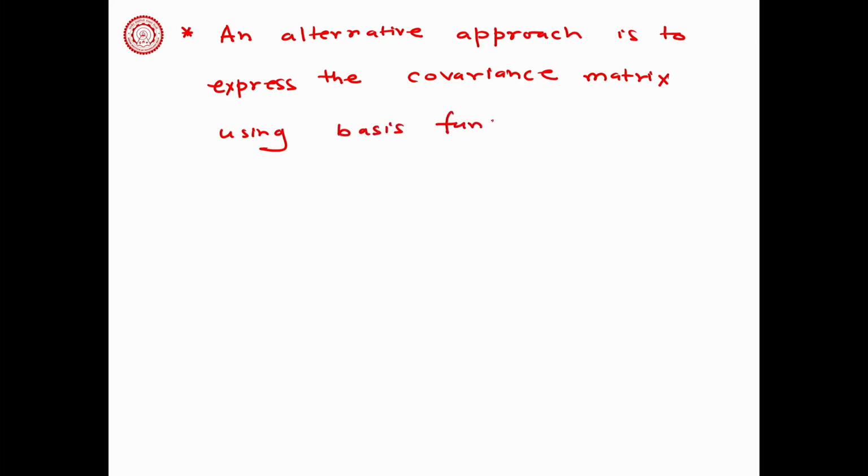Okay. So, I very loosely touched upon this in the last lecture when I said that any covariance kernel can be represented as an outer product of the basis function matrix. So, basically you can think of K as psi psi transpose, where psi is basically your basis function matrix.